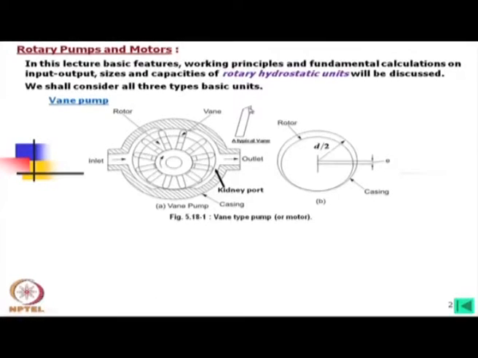Here we can find that the tips are like this, and we should always remember this tip will be in the direction of rotation, not in the opposite direction. In the opposite direction it will not perform. Anyway, these vanes are put inside this cam.